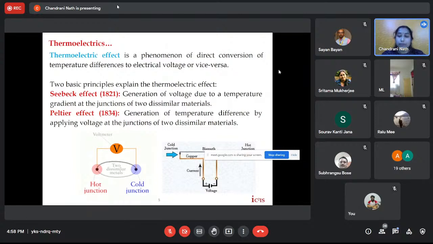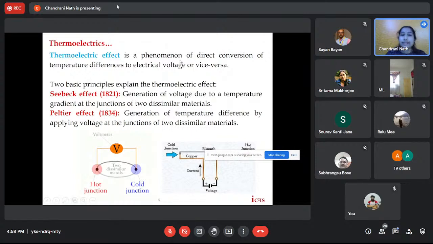This effect's discovery dates back almost 2 centuries. When Thomas Seebeck discovered the Seebeck effect, he joined two dissimilar metals, and at the junction he applied a temperature difference. He could generate a voltage due to the temperature gradient across the junctions.